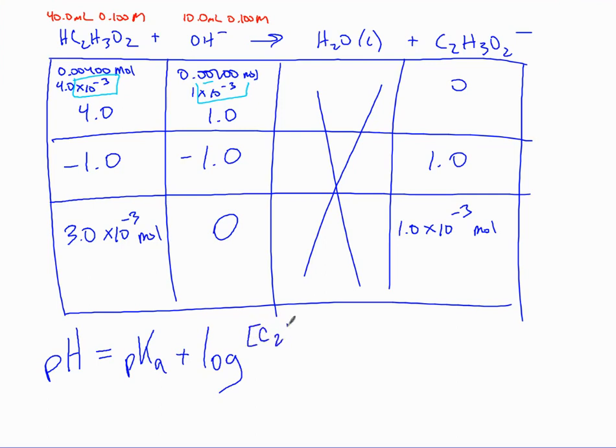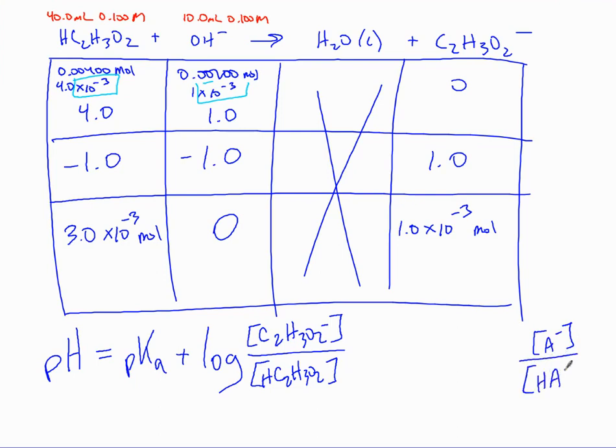And this one's going to be C2H3O2 minus over HC2H3O2. On your formula sheet, I think it says A minus over HA, probably. So this means anion over the acid. And so this is an easy way to calculate the pH of a buffer solution.